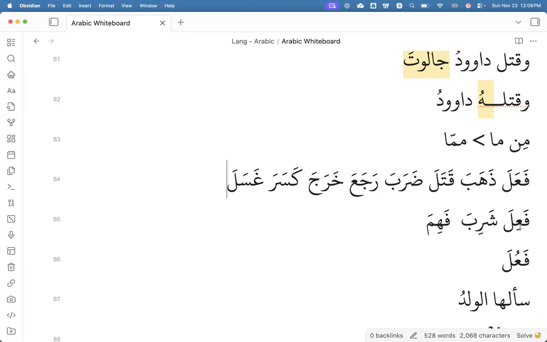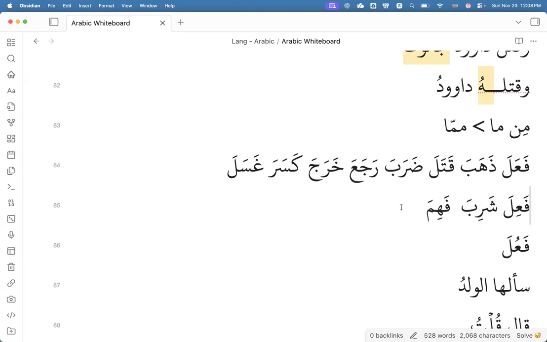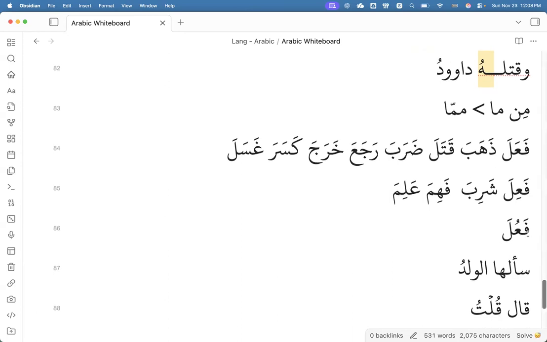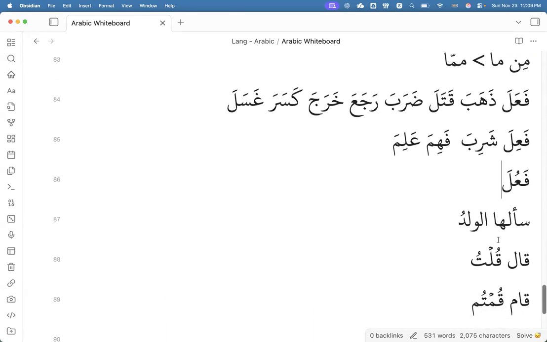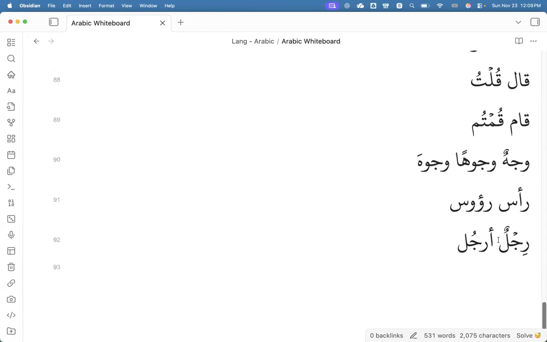The second letter is a kasra. Fa'ila, shariba, fahima, like that. Okay, alima, he learned. And there are some verbs that are fa'ula, and I can't think of an example right now. I'm sorry. Okay, so these are the three things we learned.